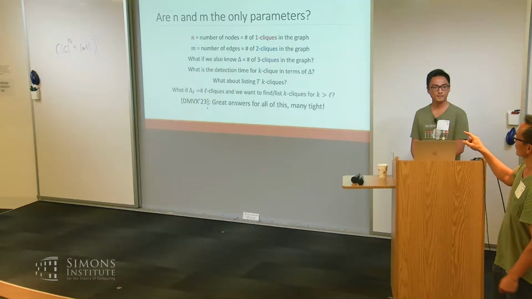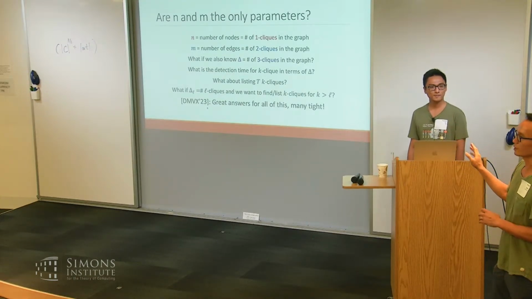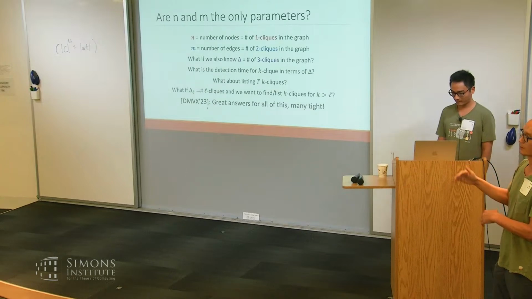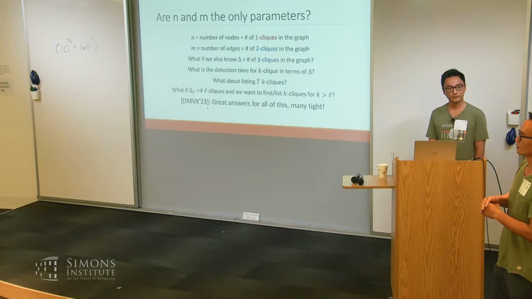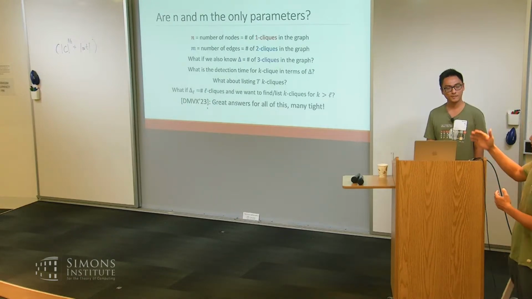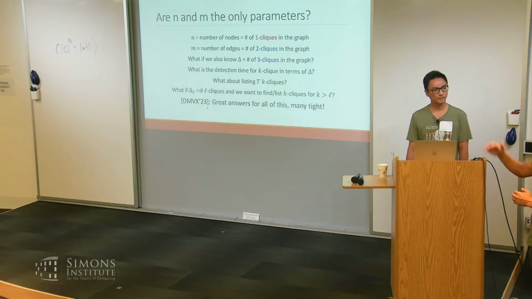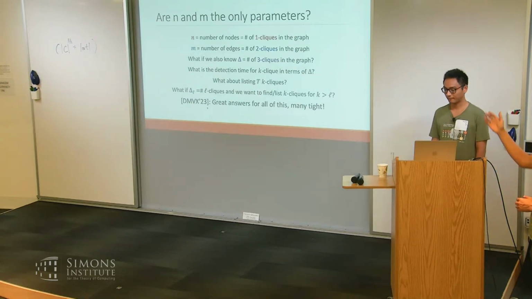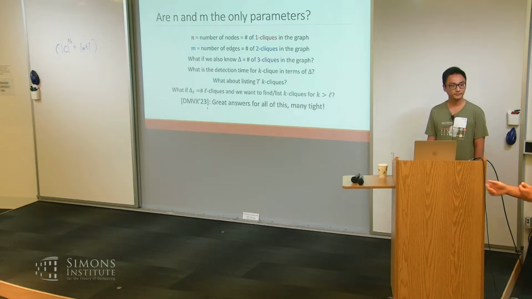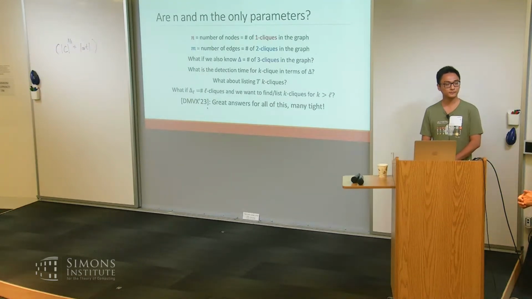A parameter like delta may not be very natural, but this is a different type of parameter. From vertex number 1000 to vertex number 2000, my maximum degree is this much, and then 2000 to 3000, maximum degree is this much. That kind of parameterization is very common in databases. You can build them, you can maintain them incrementally. It would be great to answer these questions under that parameter setting.